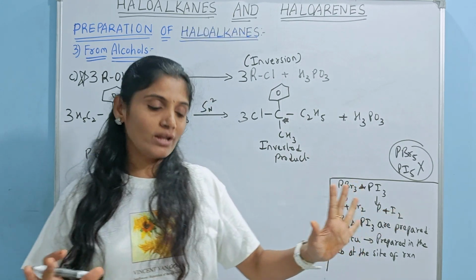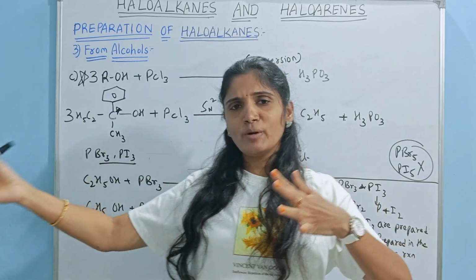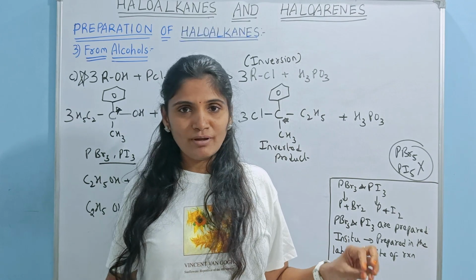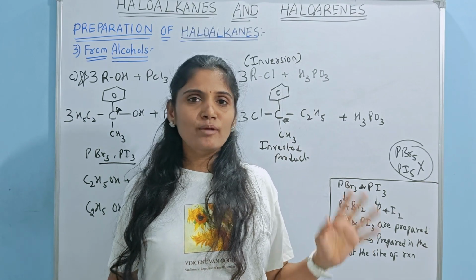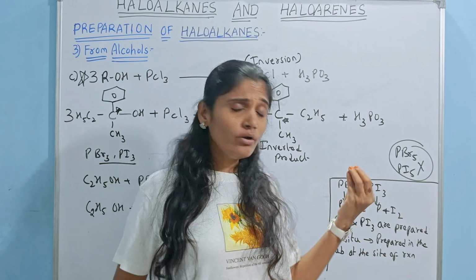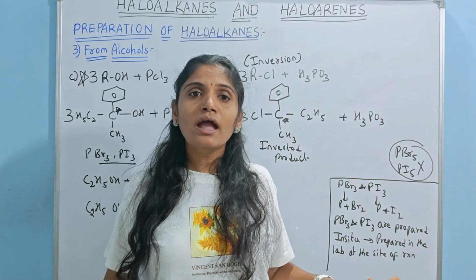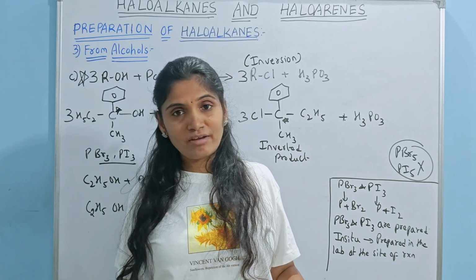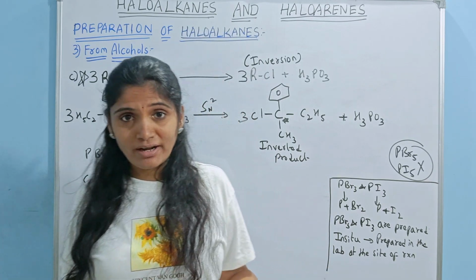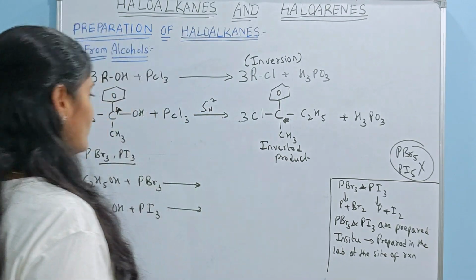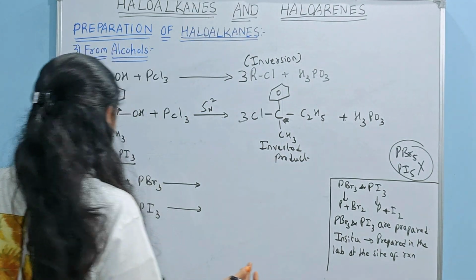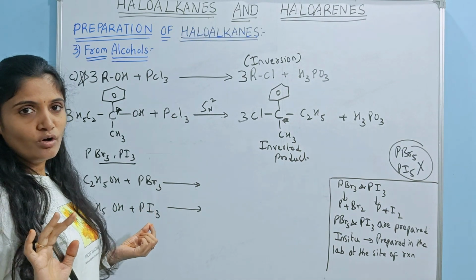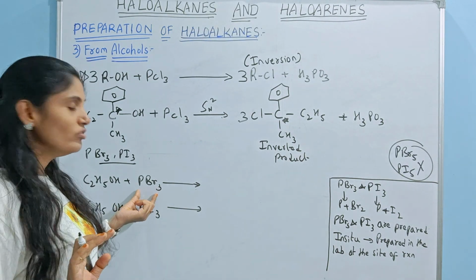For example, if I want to do my experiment half an hour from now and I prepare PBr3 and keep it, it will decompose, and by the time I take it to the reaction, we are not sure how it acts. That is the reason we prepare them in situ, at the site of reaction, so that we can use them in the reaction.